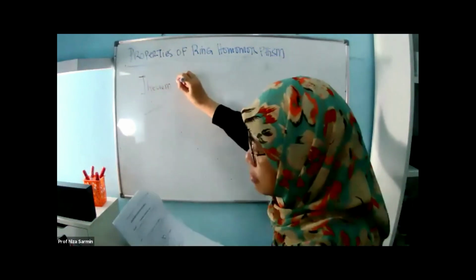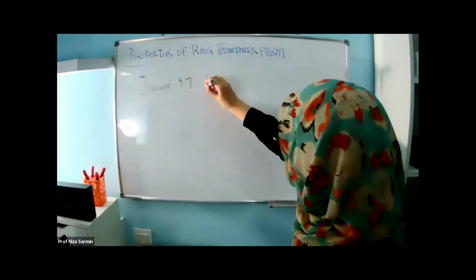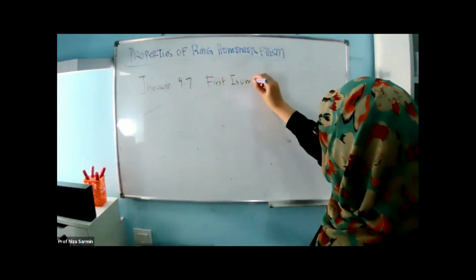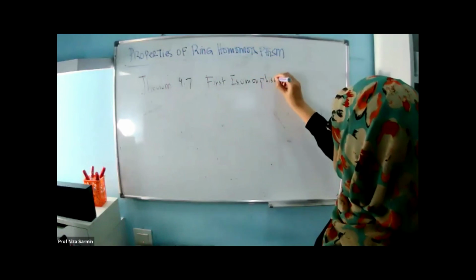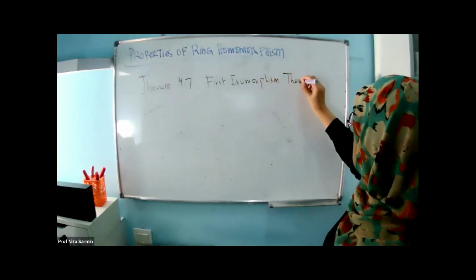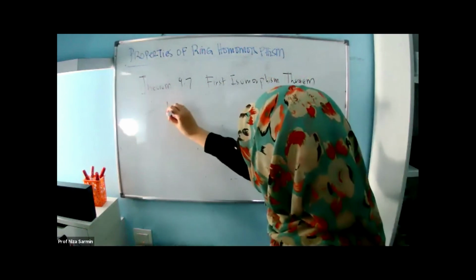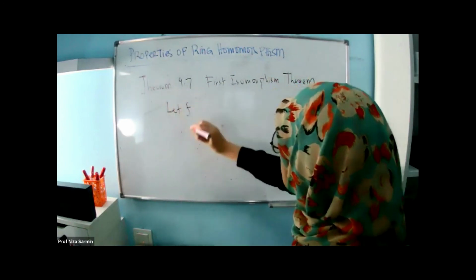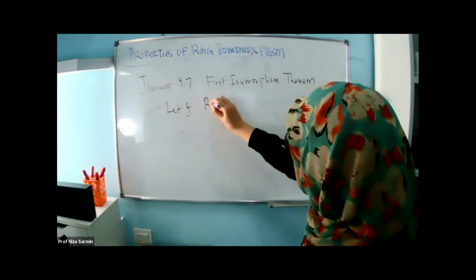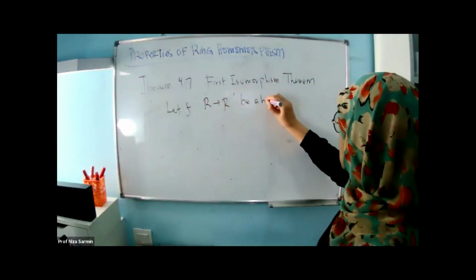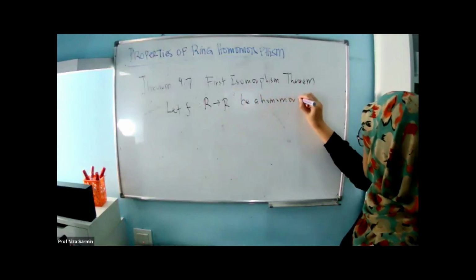So theorem 9.7, first isomorphism theorem, right? So let F from R to R prime be a homomorphism.